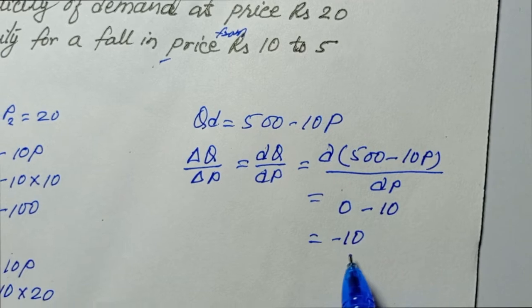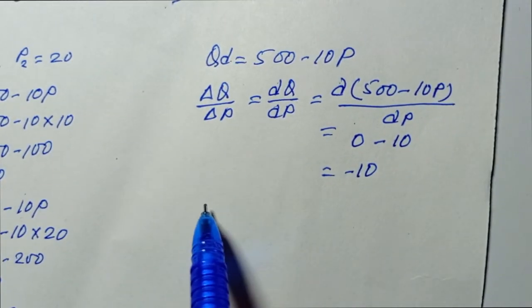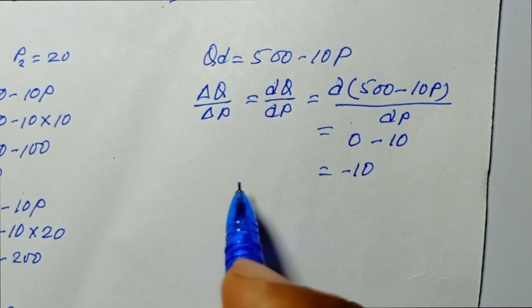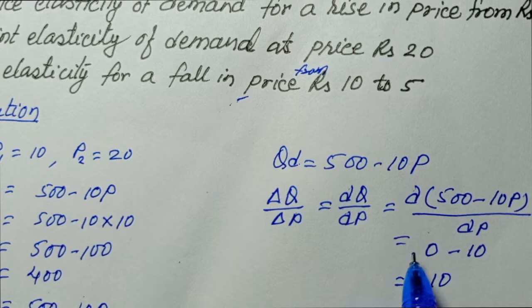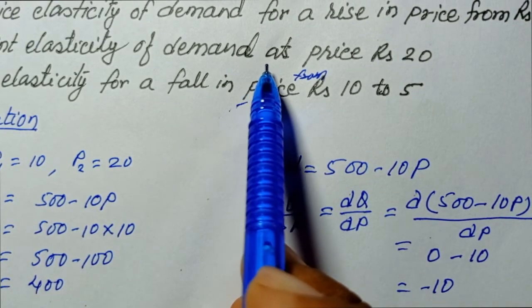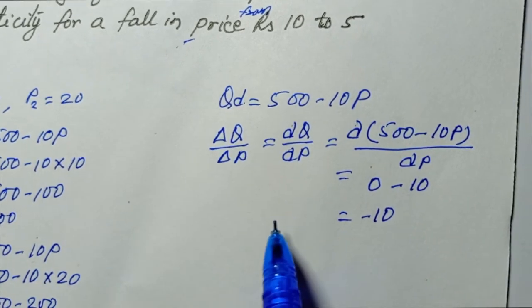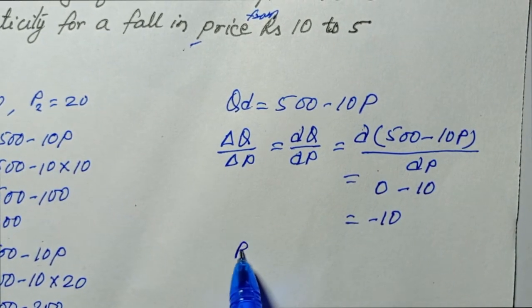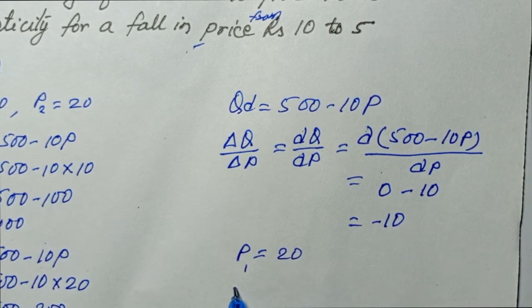This is the value of dQ by dP, and now the initial price means price is already given. You have been asked to find out point elasticity at price 20. Price 20 means P1 is equal to 20, and we should find out Q1.